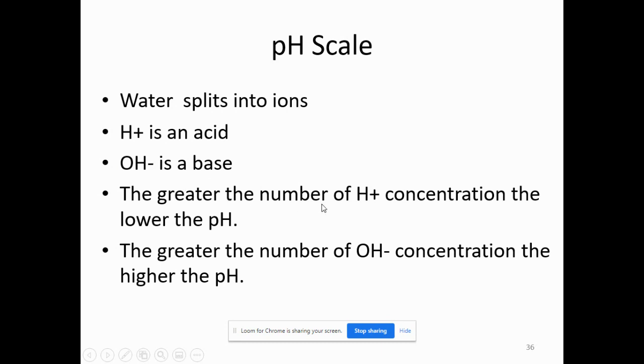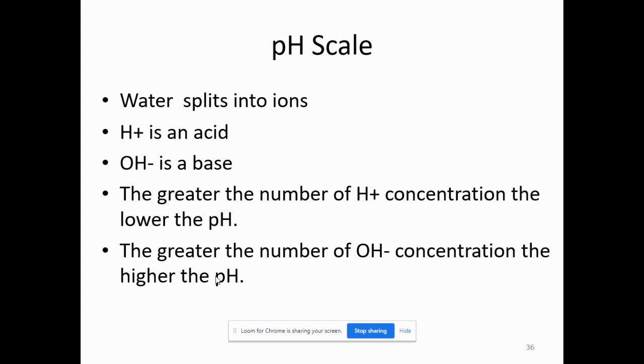The greater the number of hydrogen ions in solution, the lower the pH of the solution will be. The greater the number of hydroxide ions in solution, the higher the pH. Again, it's important that you understand that relationship.